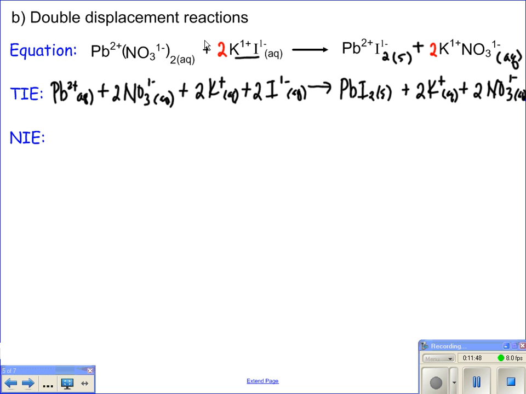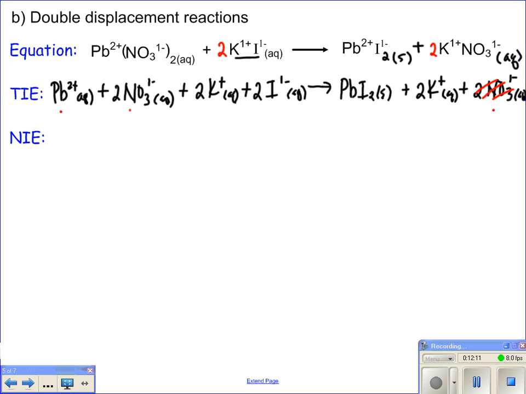And when you find 2 spectator ions, one of them will be a cation, one of them will be positive, one of them will be negative. So do you see 2 things that are identical on both sides? Well, if I look at lead by itself, I see that over here, lead is not by itself. Okay, so I can't cancel it out. If I look here at 2 nitrates, I see the right-hand side also has 2 nitrates.